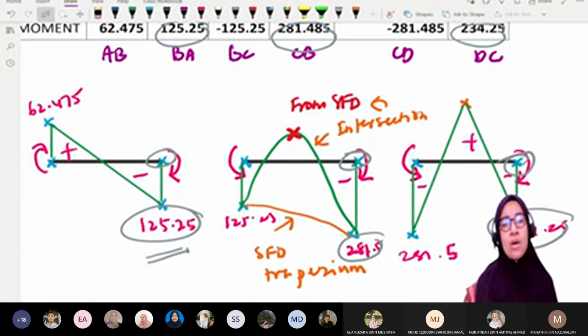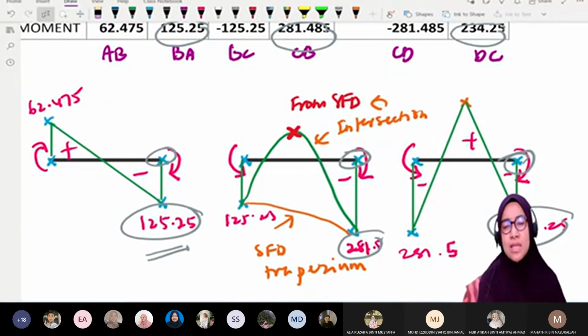Okay, this is how we analyze beam. Okay, simple beam, without settlement, simple beam using one table only. And then we draw the bending moment diagram from the moment that we get from table. Okay, this is how we draw the bending moment diagram.